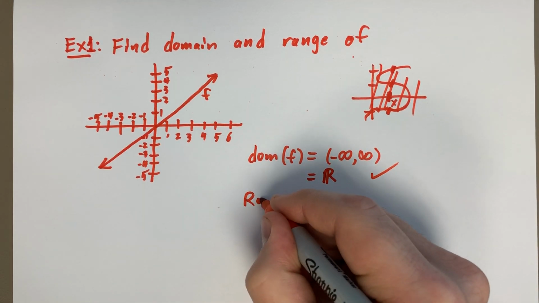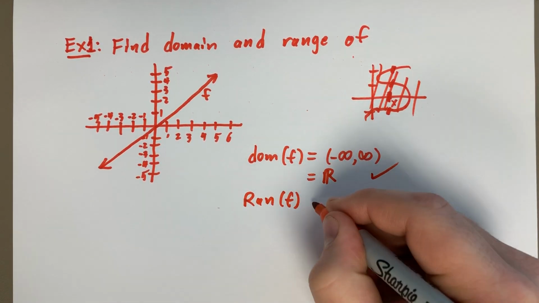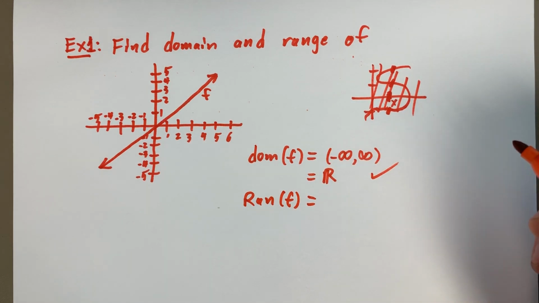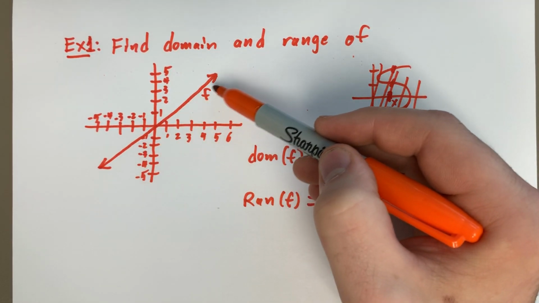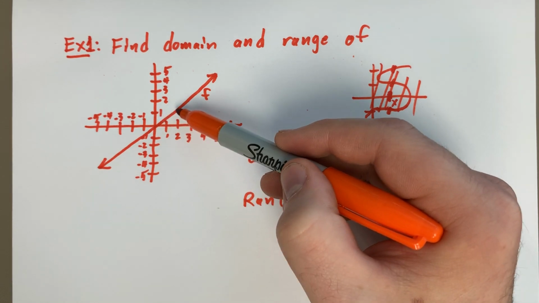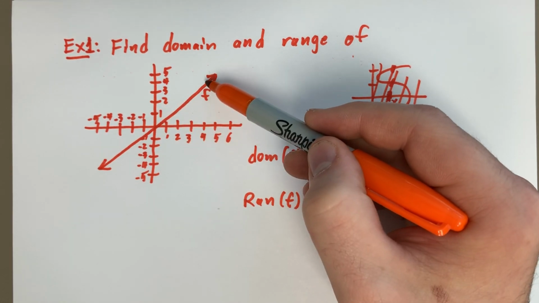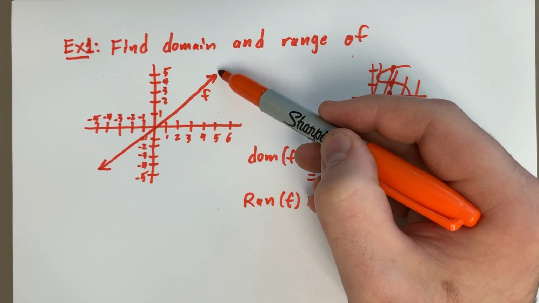How about range? Range, as mentioned before in previous videos, is the set of all possible y values that come out of this thing. So what are all the possible heights of this function? Can I get out 1? Can I get out 2? Can I get out a height of 4? Can I get out a height of 5?